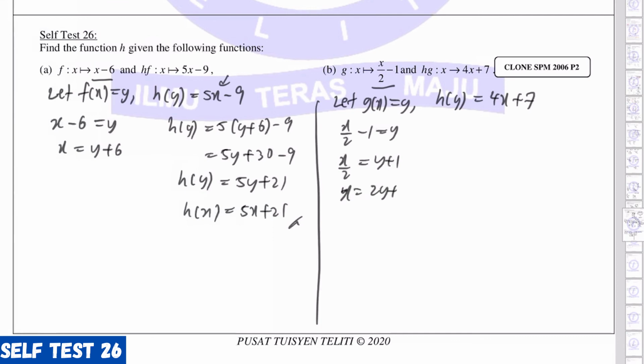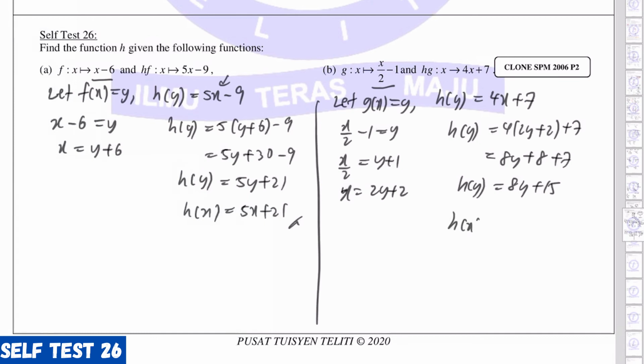So this is 2y plus 2. So if x is 2y plus 2, we can substitute inside here and expand the bracket. Therefore, h(y) is 8y plus 15. And we are finding h(x). So if h(y) is 8y plus 15, h(x) is 8x plus 15.